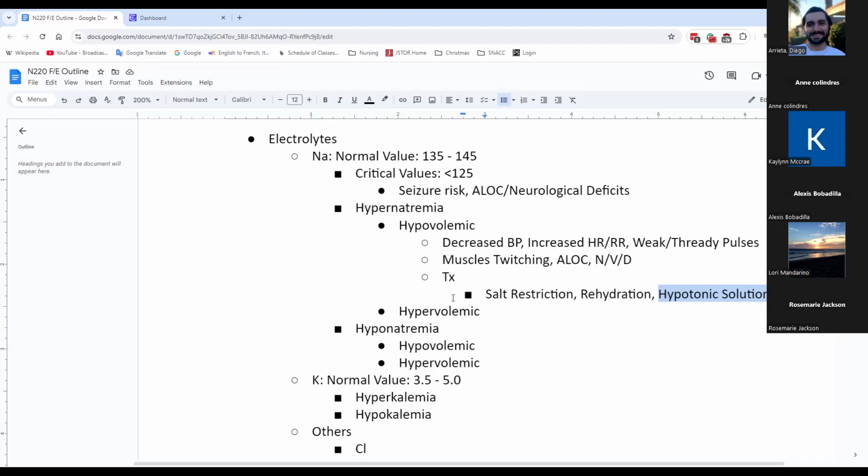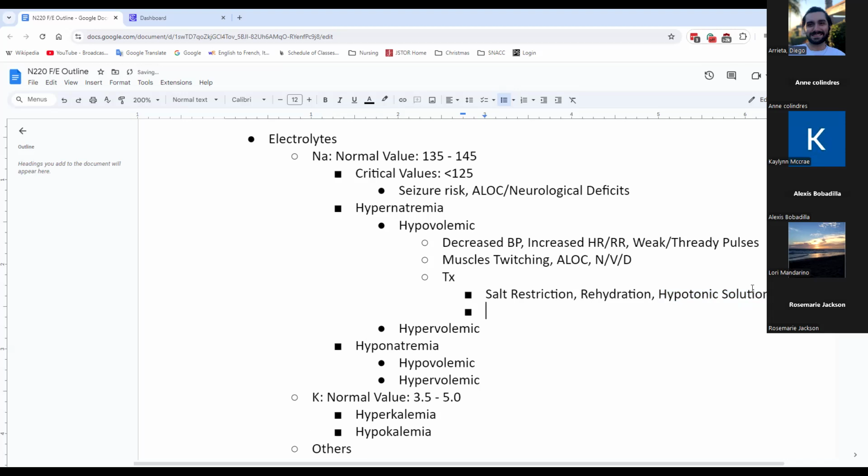So when things are hypotonic for too long, what happens to the cells, or how does the water flow? And of course, yes, as Jingle mentioned, daily weights are always important when you're giving solutions. Fall risk is really important, all that good stuff. Yeah, so Kayla, Alexis mentioned the cells are swelling up, they can burst. So you have that fluid moving into the cells from the intravascular space.